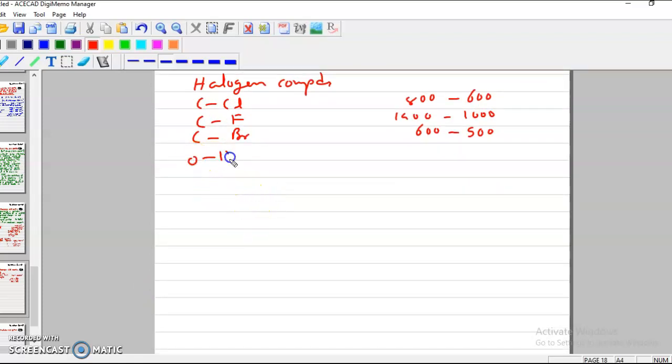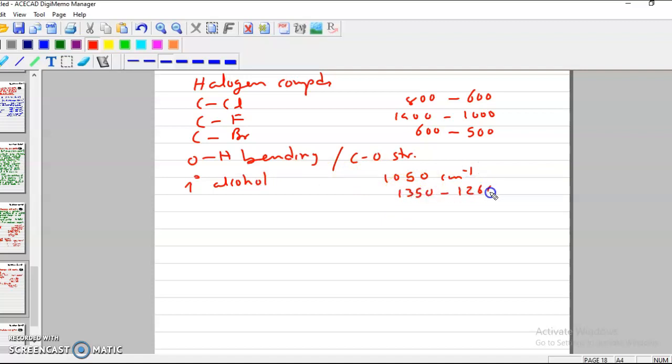In case of OH bending as well as CO stretching, for primary alcohol we will observe 1050 centimeter inverse and 1350 to 1260 centimeter inverse. In case of secondary alcohol, we will observe 1100 centimeter inverse and 1350 to 1260 centimeter inverse.